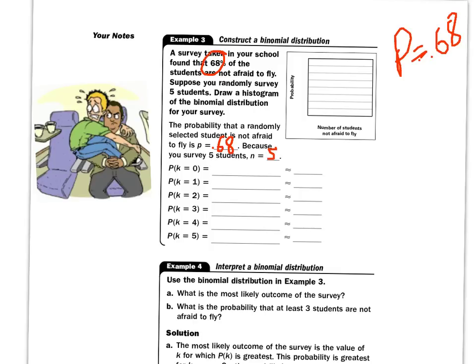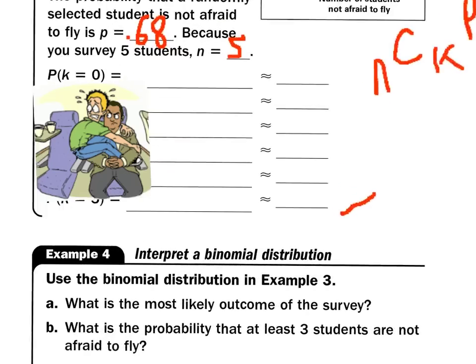Now remember what the formula was. N combination K. Successes to the K. Failures to the N minus K. Okay, let's see if I can blow this up a little bit.